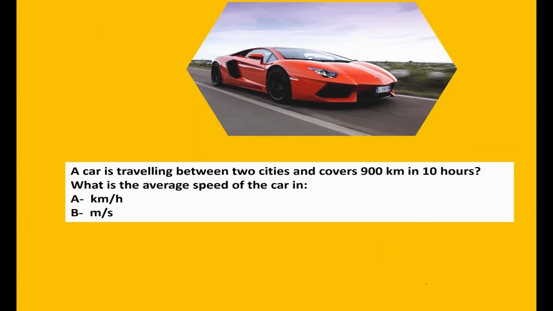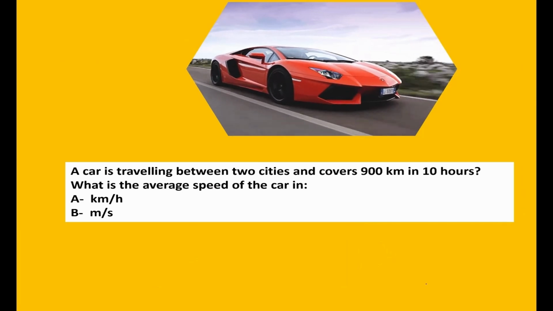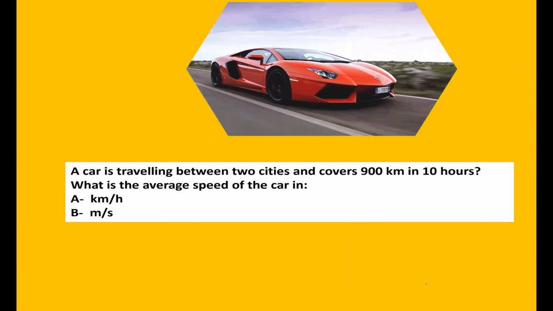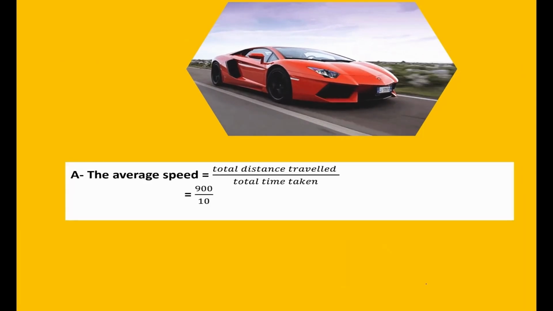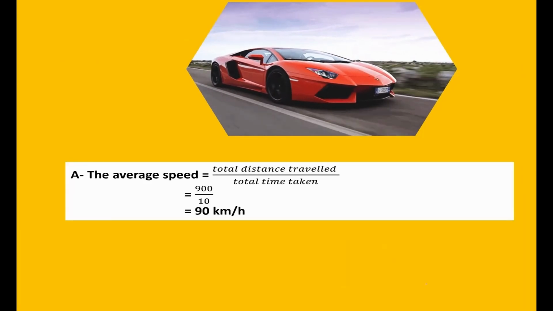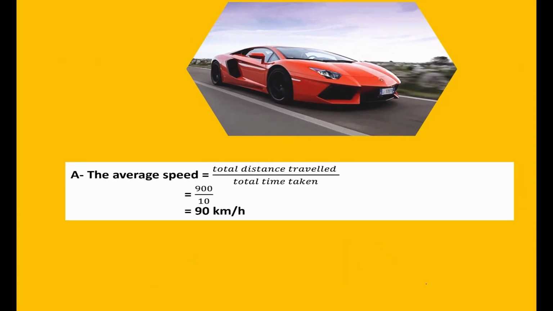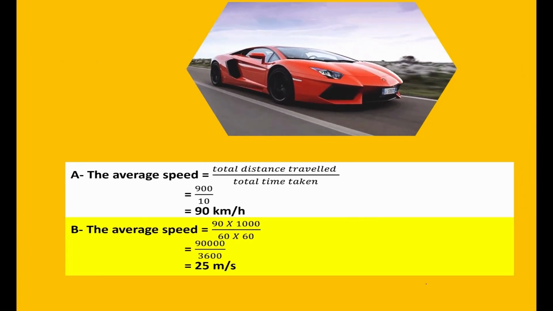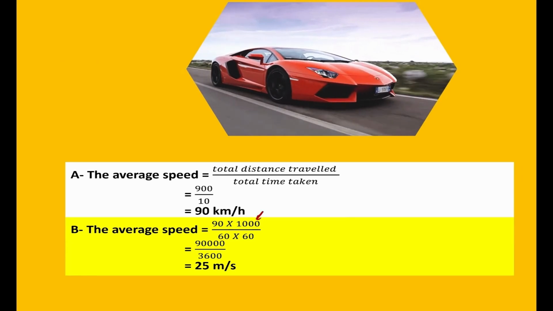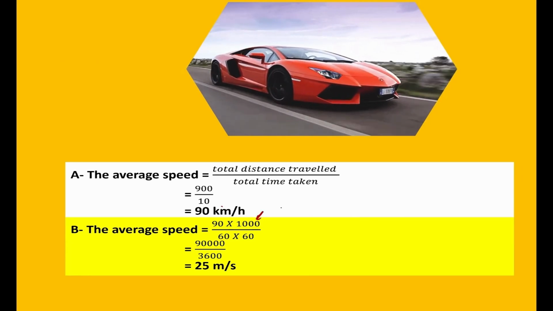Look at this, pause it, and try to get the answer. I will show the answer after a while. Have you answered it like this? What if we want to convert it to meter per second? We will multiply by 1000 because we are converting kilometer to meter.